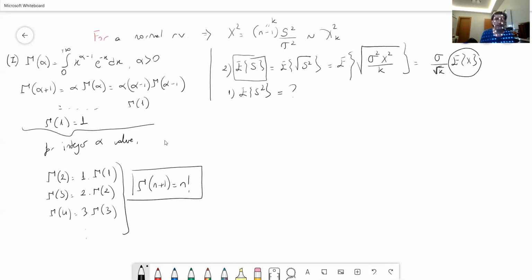So here, for instance, this is going to be equal to 1, right? Because it was equal to 1 here. And this is going to be equal to 2 factorial. This is going to be equal to 3 times this quantity, which is 3 times 2 factorial, which is 3 factorial. Therefore, this relation holds.